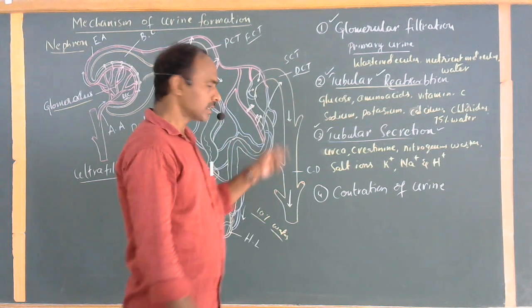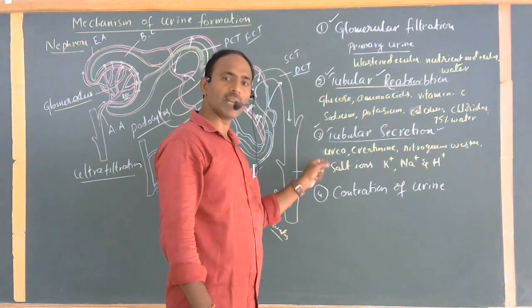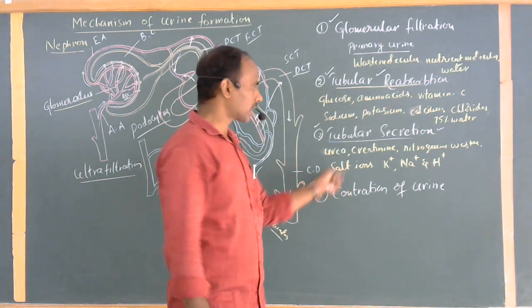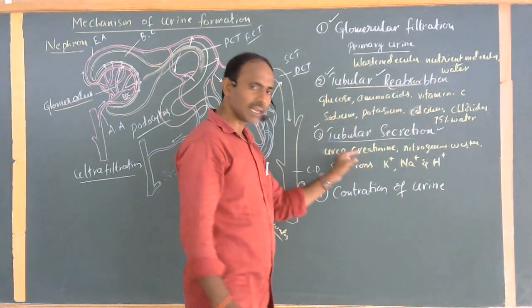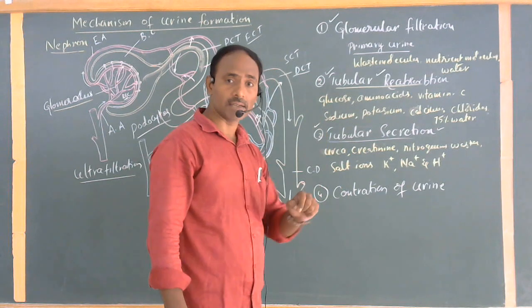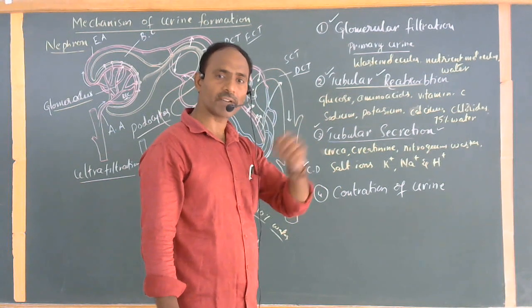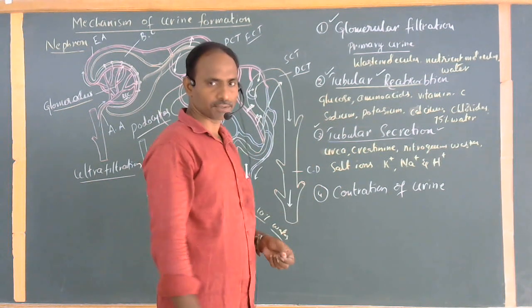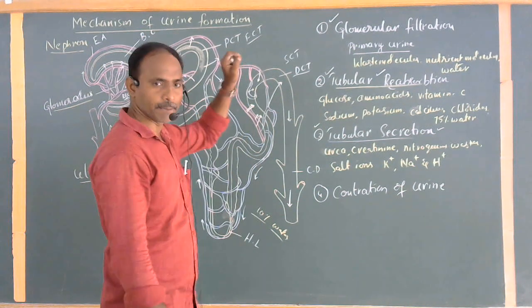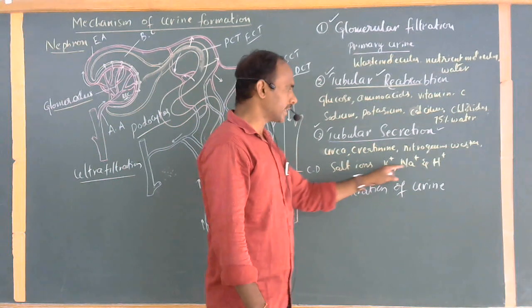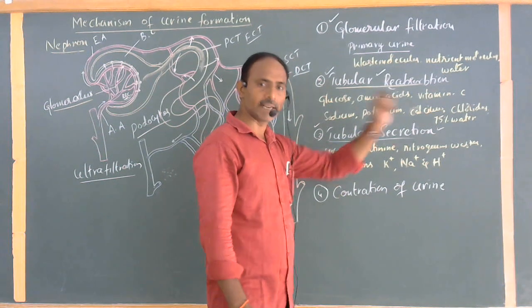Clear? Some unnecessary components, of course urea and also uric acid, are commonly called nitrogenous waste materials. Urea, creatinine, and some salt ions, which are not necessary for the body, meaning excess ions, are secreted from the peritubular capillaries into the DCT. Salt ions like K plus, Na plus, and H plus are secreted into the DCT.